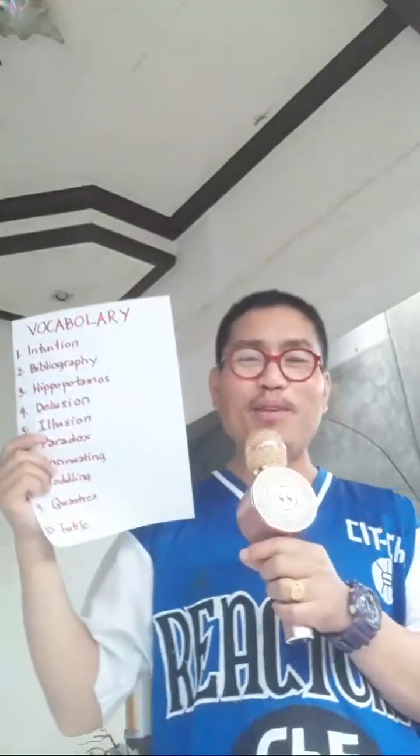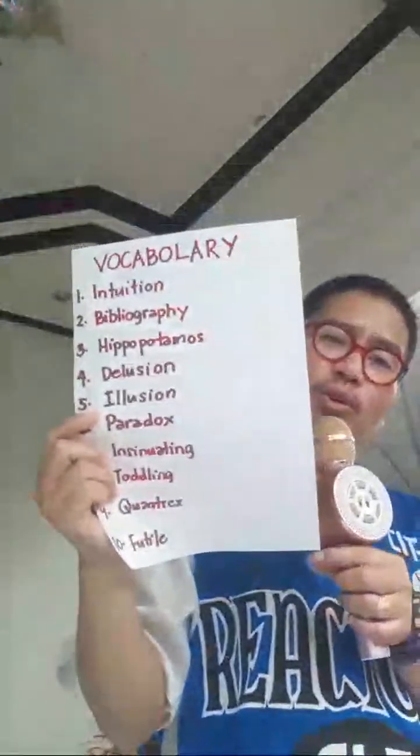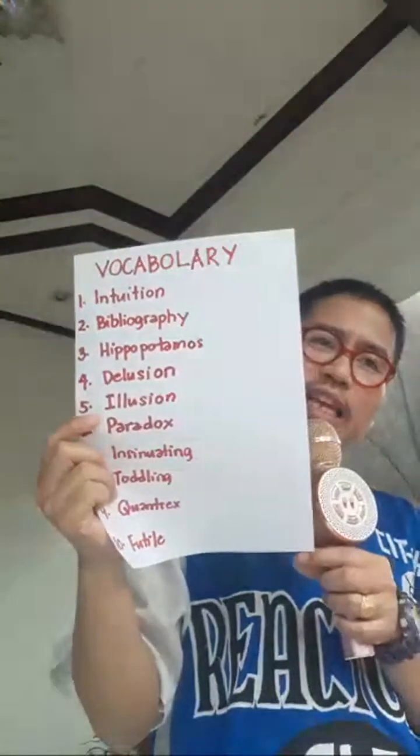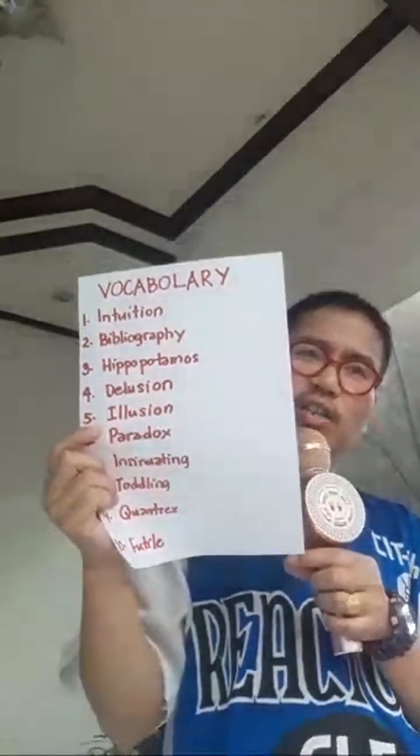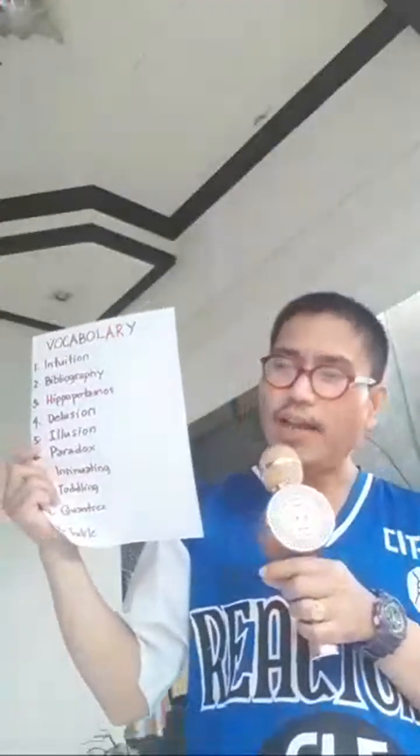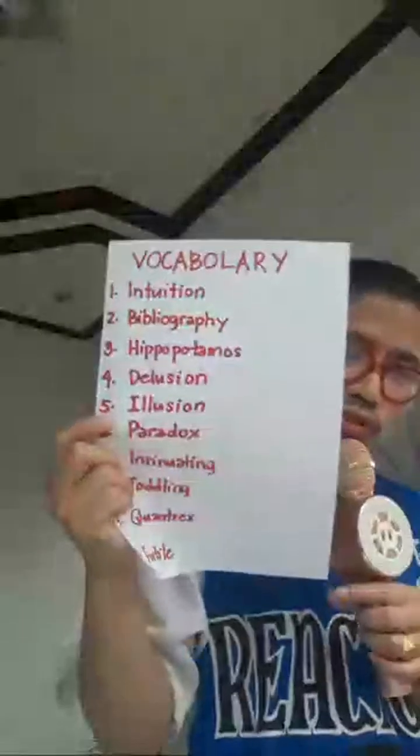What do you mean by hippopotamus? Wow. Okay, so in order we can understand this hippopotamus, we need to break the words in here. Okay, so usually we need to break this into two parts. Okay, so we have the hippo, okay, hippo, and the potamus. So still, we cannot understand what is hippo and what is potamus.